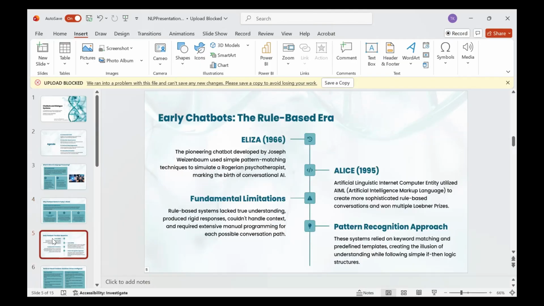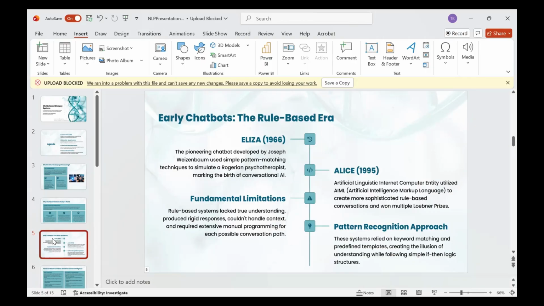So, in the next slide, we are looking at the transformation of early chatbots, which is the rule-based era, where we have Eliza and Alice. The earliest chatbots were entirely rule-based. A pioneering example is Eliza, developed by Joseph Weizenbaum in 1966, which simulated a Rogerian psychotherapist using pattern matching rules to create the illusion of understanding. Later came Alice, the Artificial Linguistic Internet Computer Entity, built in 1995.